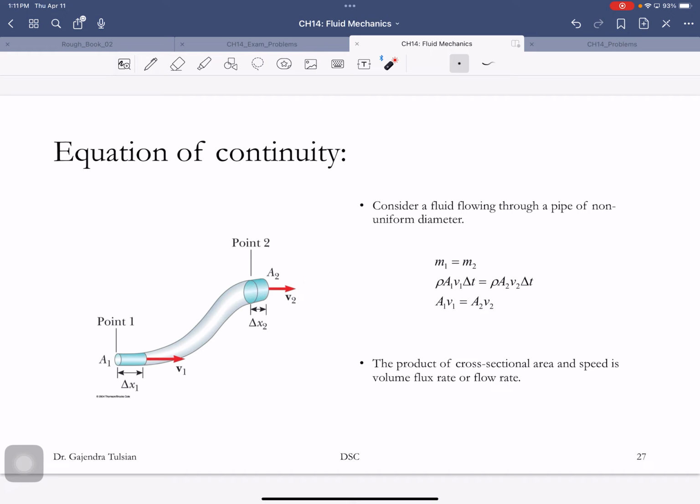So if 10 gallons are flowing in and 10 are flowing out, that means the flow rate, area of cross section times the velocity of the fluid at that point, is equal to the area of cross section of the pipe times the velocity of the fluid at the other point. So if the area increases, the velocity decreases, or if the area of cross section decreases, the velocity increases.